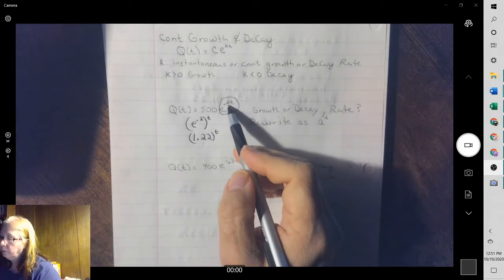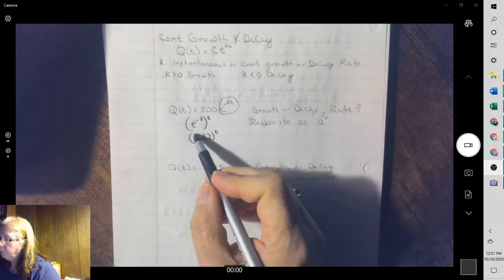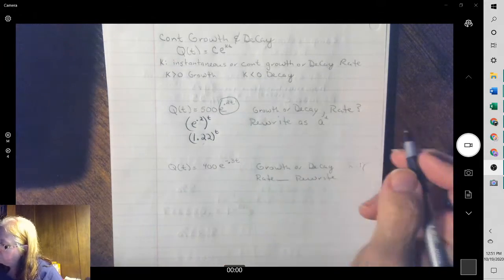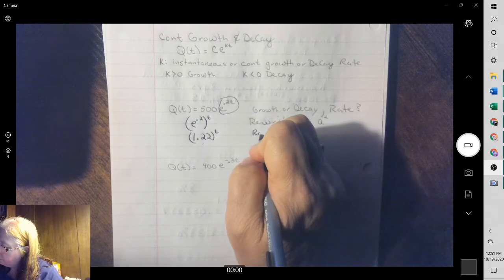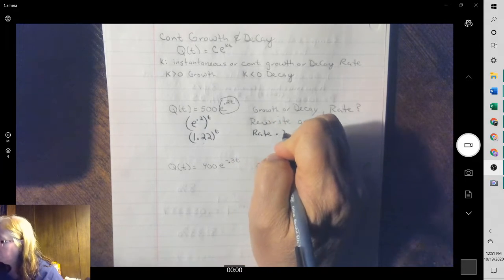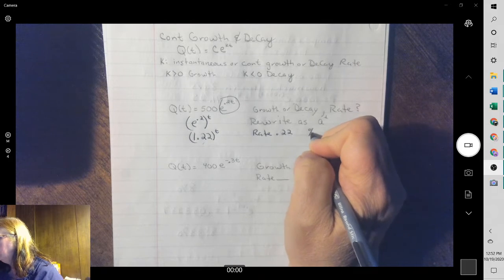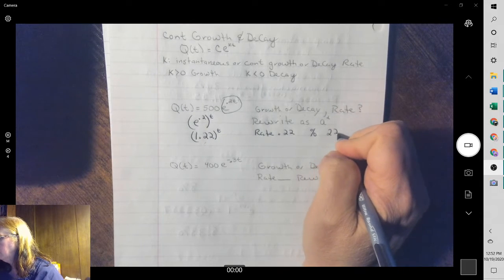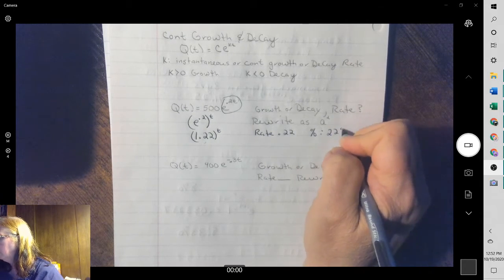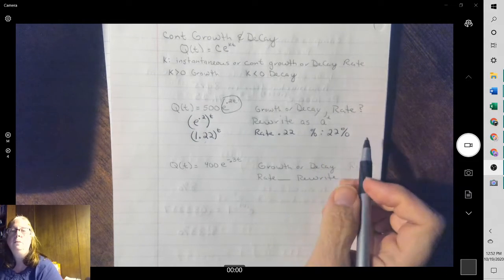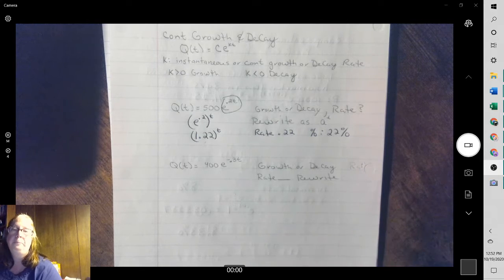So 0.2 is the k value. This would be a growth. To find the rate, we subtract the 1 out. The rate as a decimal is 0.22. As a percent, multiply by 100. So it's a growth of 22%.